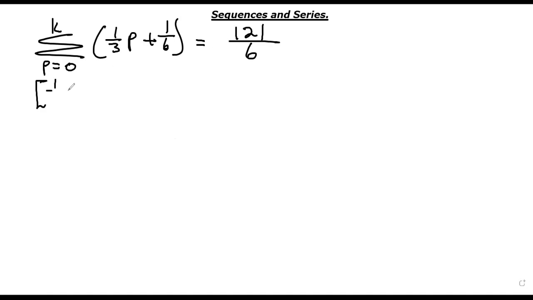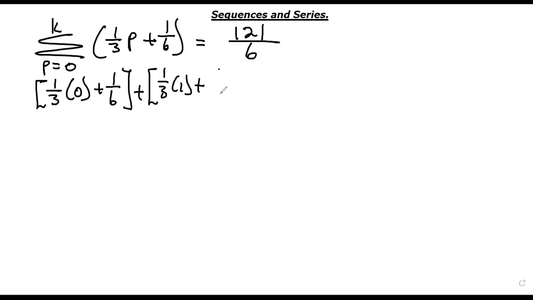So we have 1 over 3 into 0 because we start by substituting p equals 0, and then we substitute p equals 1, and then we substitute p equals 2.